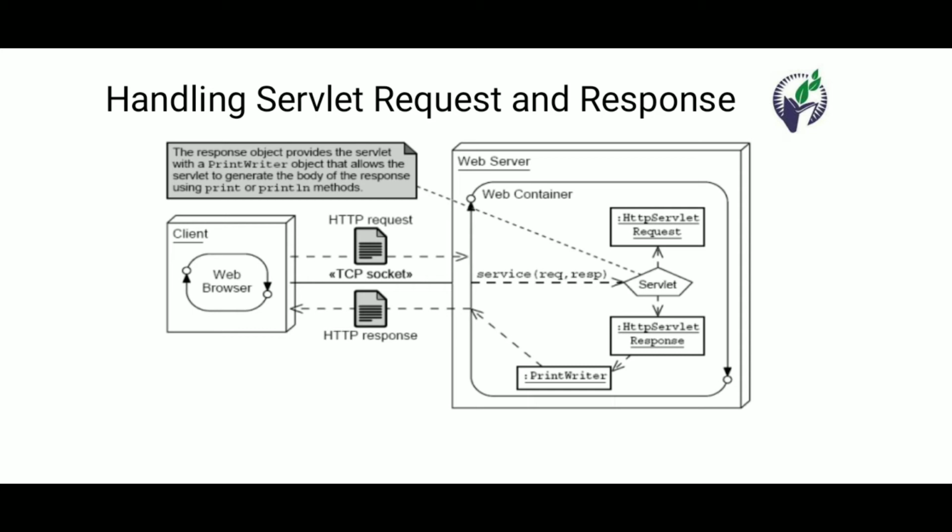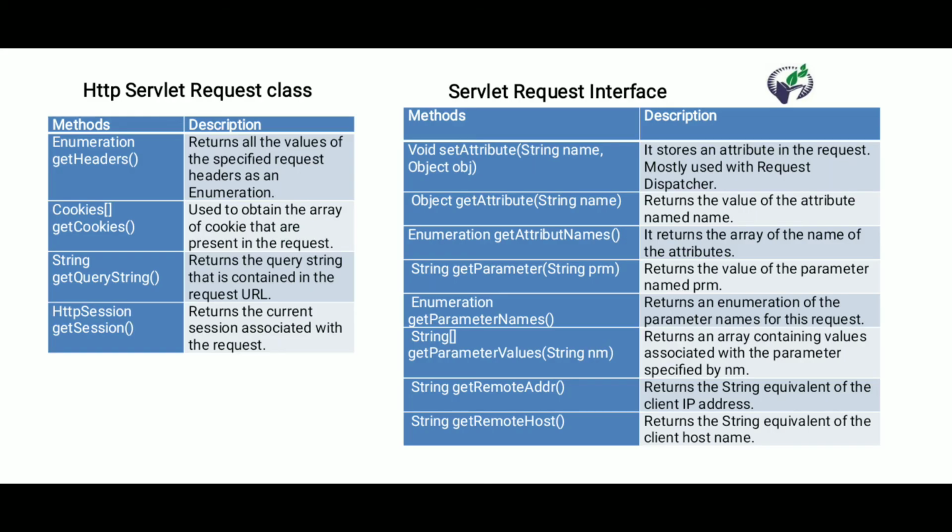So the basic scenario is that there is a request and response object of the HTTP servlet class, and the whole process is done at the server side. This way the request and response is defined and displayed to the client. So this is the basic handling of servlet request and response.